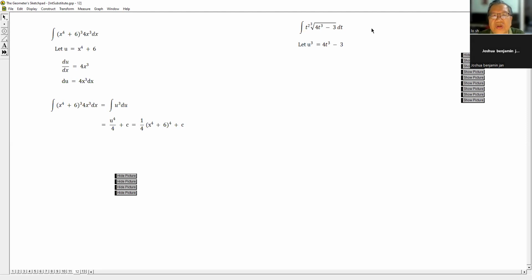What type of substitution are you going to use? Let's say I start with u. Right? u equals to what? So you will think that, oh, u is equal to 4t cube minus 3, right? If you use 4t cube minus 3, you will still have this cube root here.